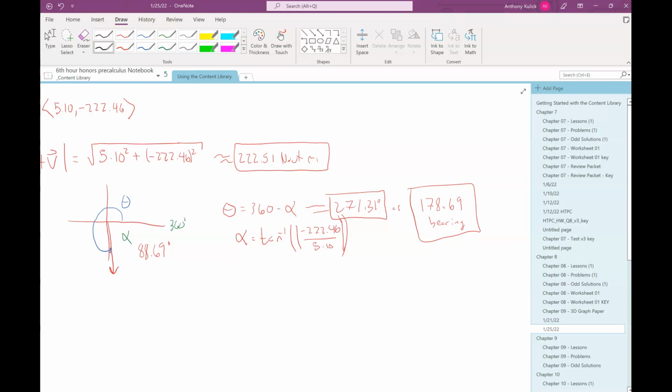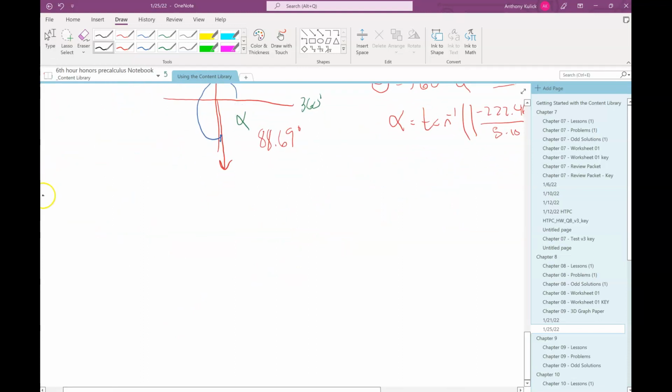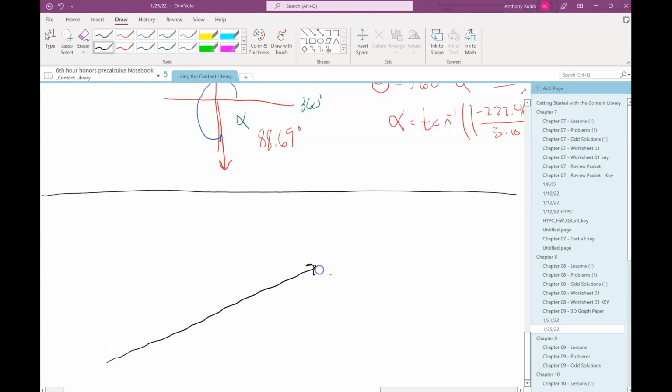The next piece that we're going to be talking about is new. So let's say we have two vectors. We have this vector v, and then we have this other vector, say, we'll call it u. And we want to figure out how much of u is in the same direction as v.